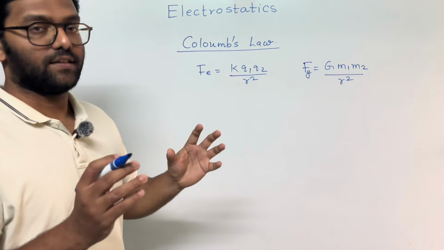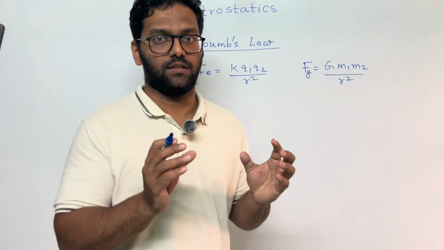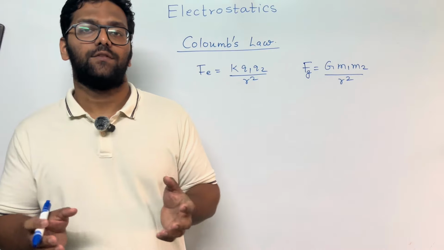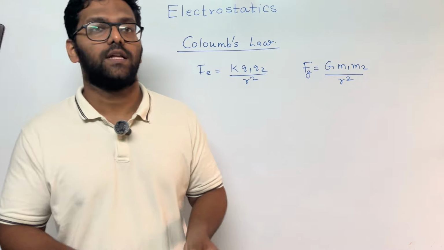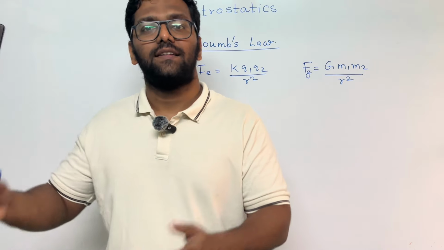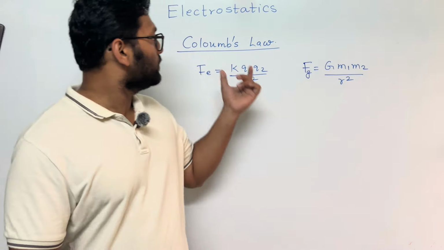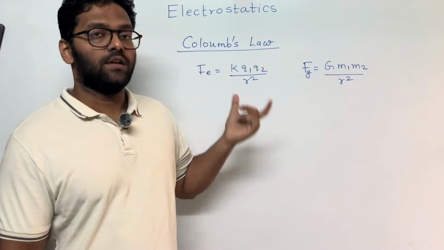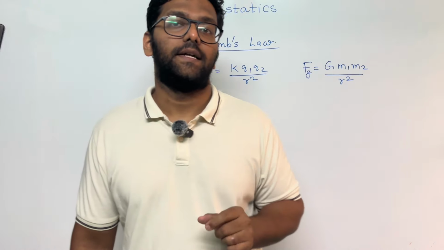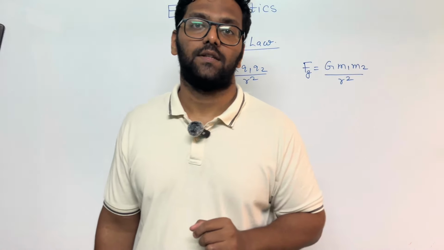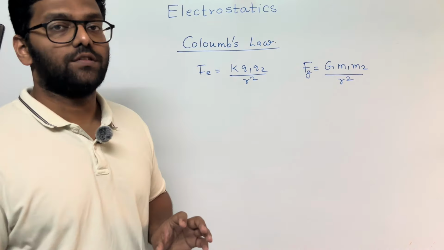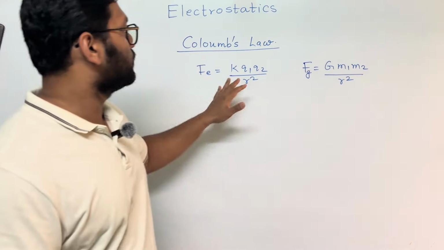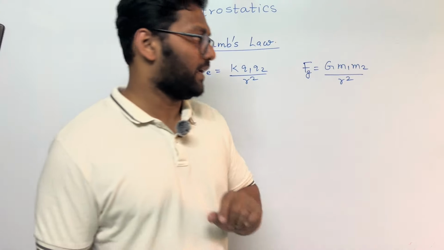If you have two masses, the gravitational force of attraction between them will not change whether you put them in water, in vacuum, or in any other medium. But Coulomb's force will depend on the presence of a medium. Also, gravitational force is weaker compared to the Coulomb force. We will see why it is weaker.